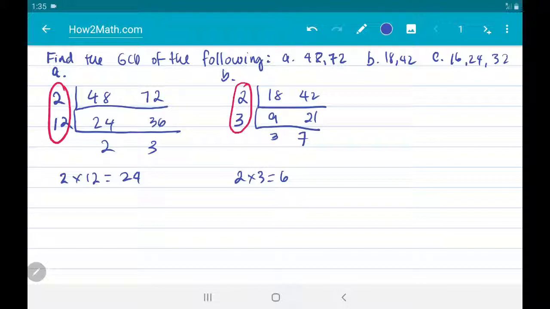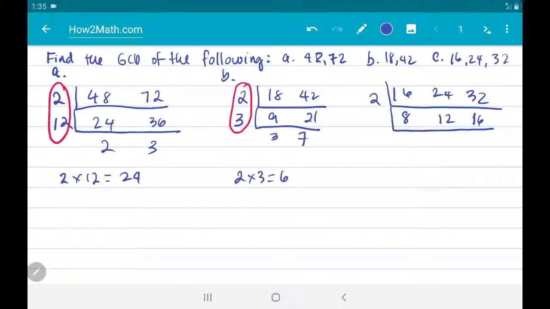What about 16, 24, and 32? I think the most obvious is 2. This is 8. This is 12. And this is 16. All are divisible by 4.